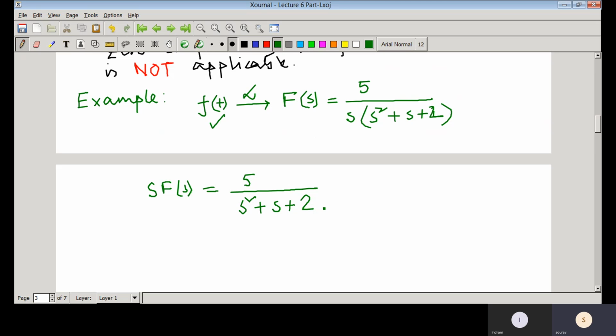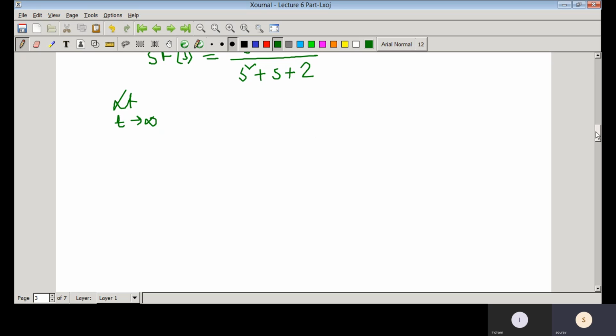So you can apply the final value theorem, and if you apply it, what will you get? Limit t tends to infinity of f(t) is equal, according to the final value theorem, to limit s tends to 0 of sF(s).